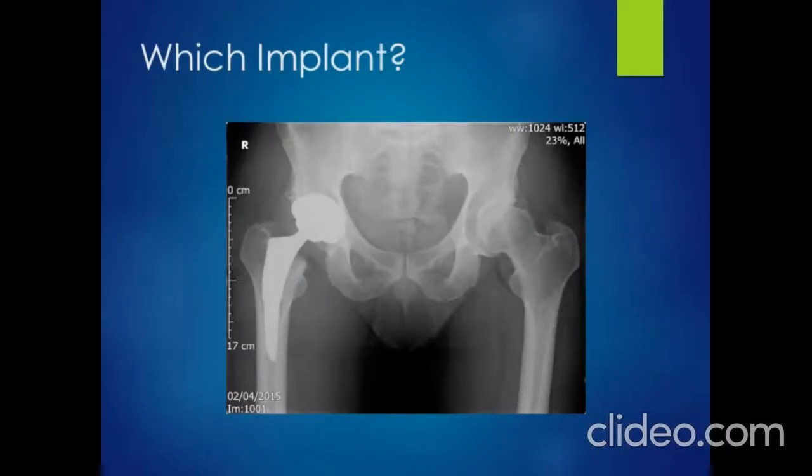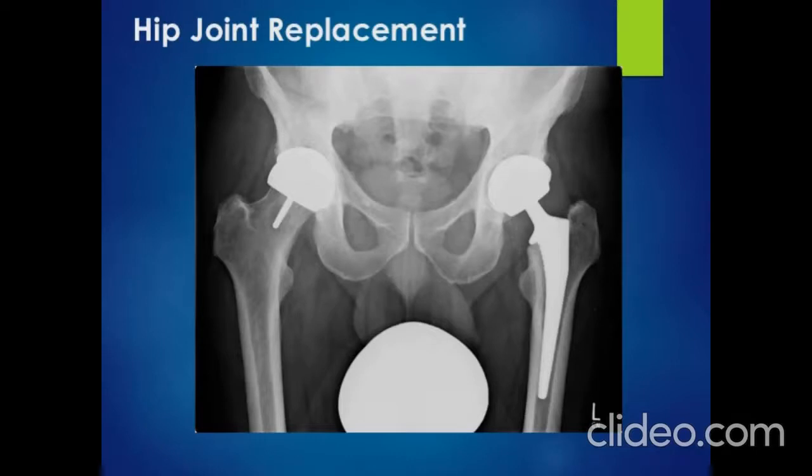The other question is, what implants should we be using? And that's a very difficult and somewhat vexed question. In joint replacement, as Max alluded to, we're not really doing any metal-on-metal hip replacement. On the left, you can see a hip resurfacing. On the right, you can see a larger diameter ceramic-on-ceramic uncemented hip replacement.